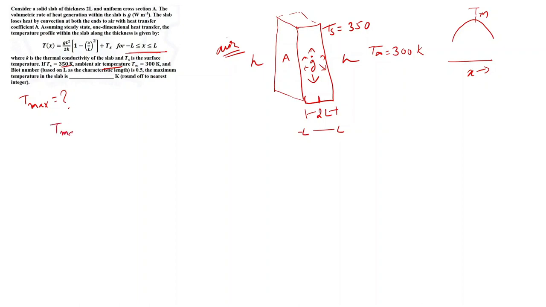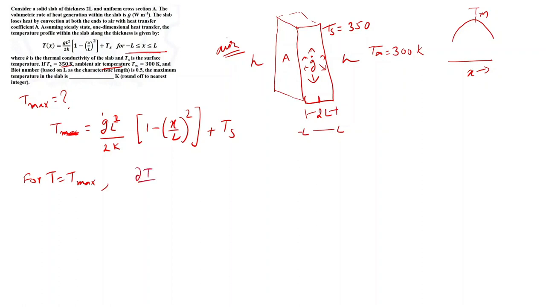Okay, so T is given as g dot L square upon 2k times (1 minus x square upon L square) plus Ts. For T equal to T max, del T upon del x should be equal to 0.